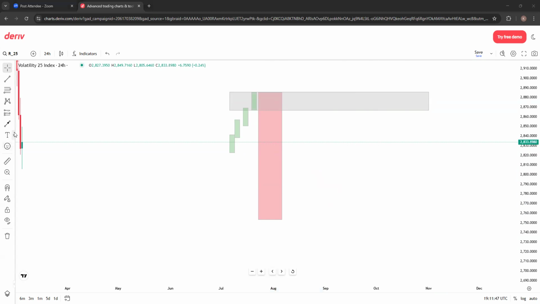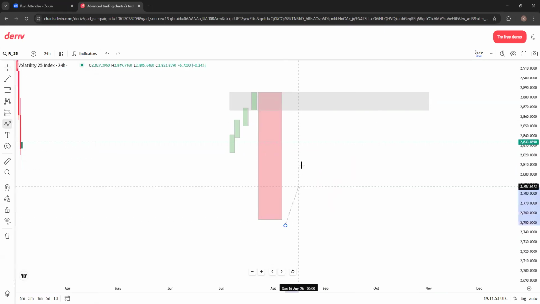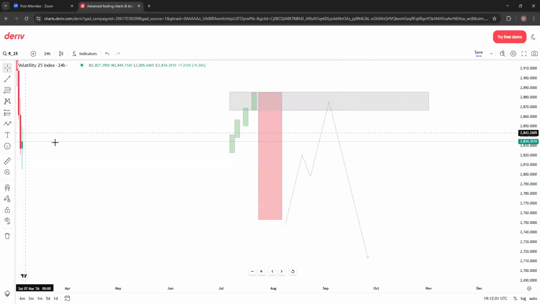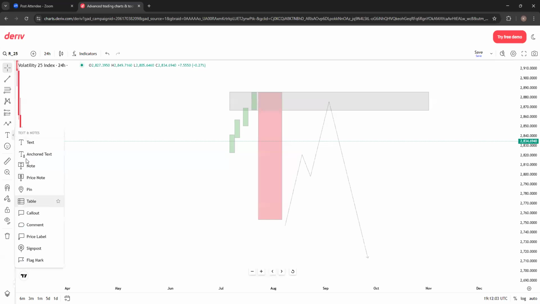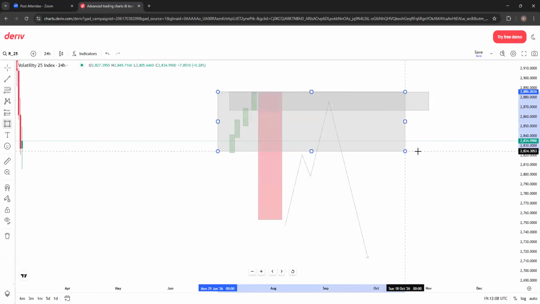So now what you're going to see is price is going to come and tap on your actual OB and then fall. Remember our first zone was like this, right?